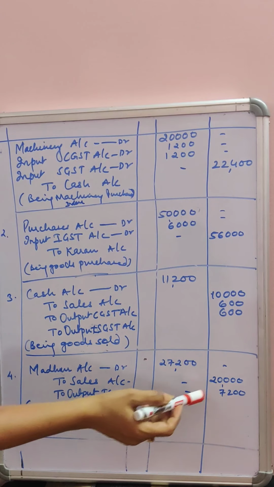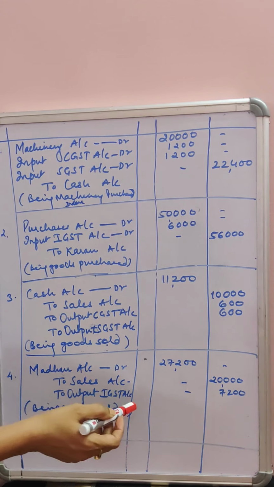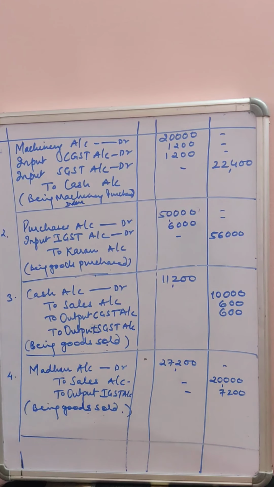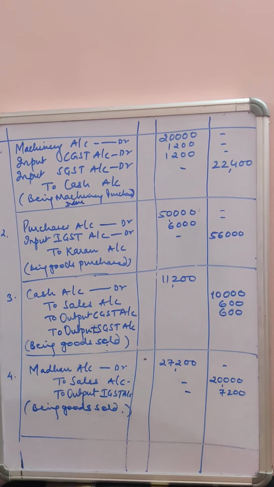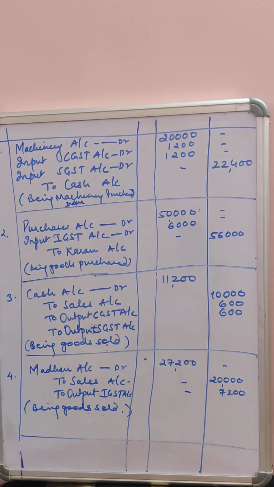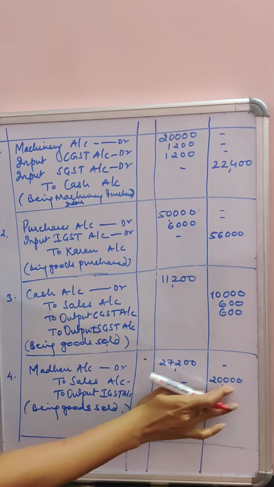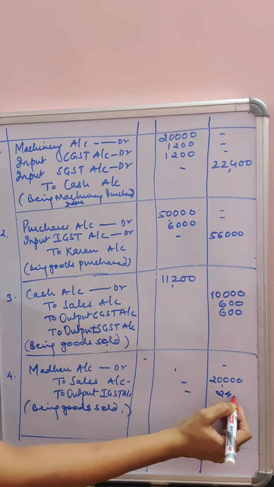So sales account will be 20,000. We sold the goods costing rupees 20,000. On 20,000 we are going to charge 12% tax. So output IGST account will be 2,400.